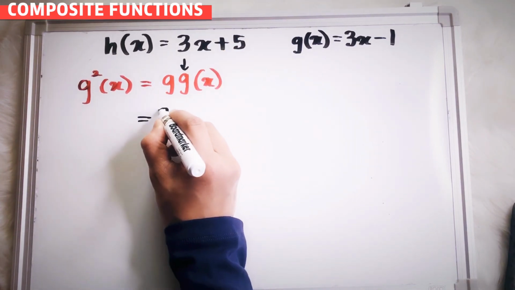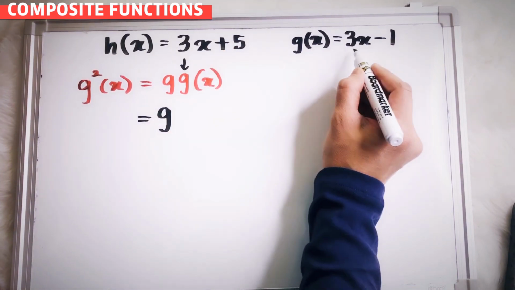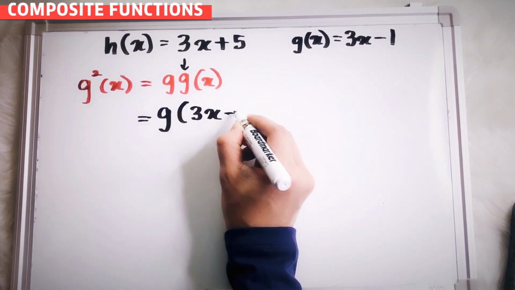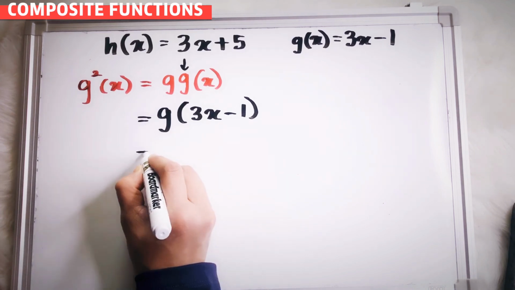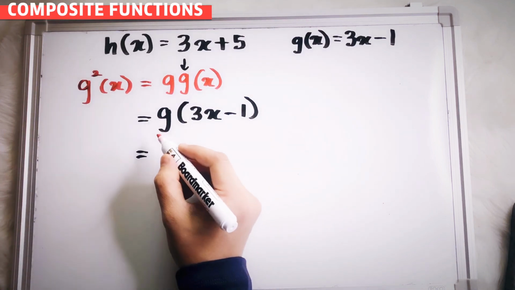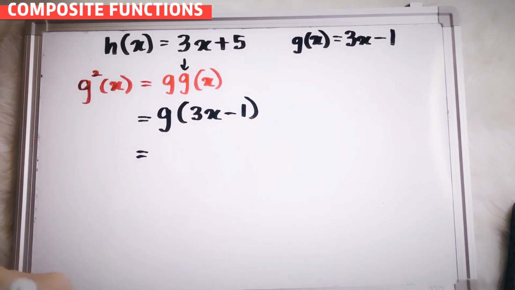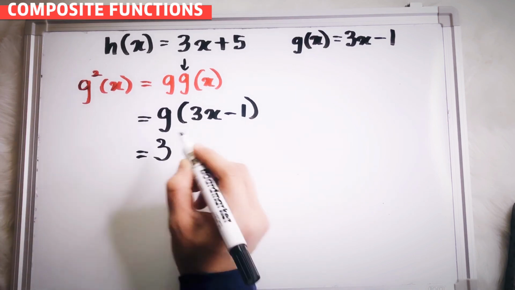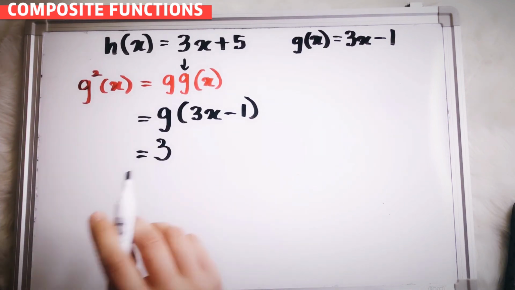So your g function is 3x minus 1. Okay, we put inside 3x minus 1. Okay, so now this is our new x, remember? So g, 3x, okay, we put here 3.